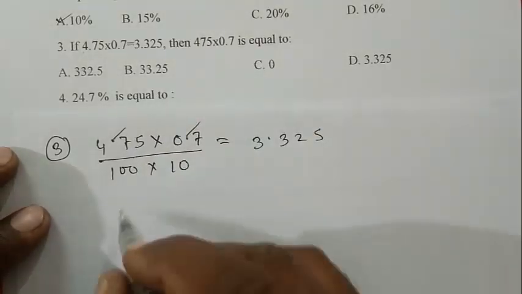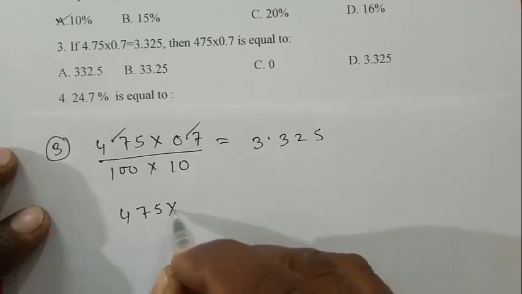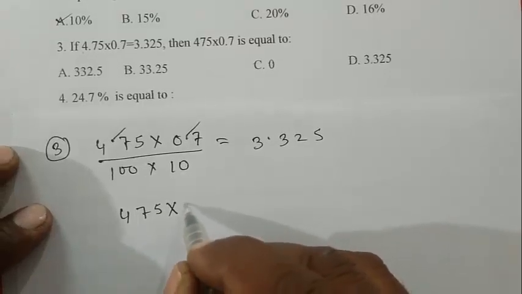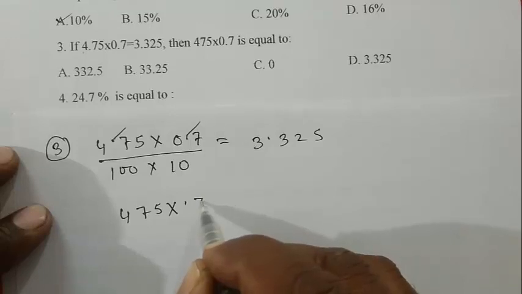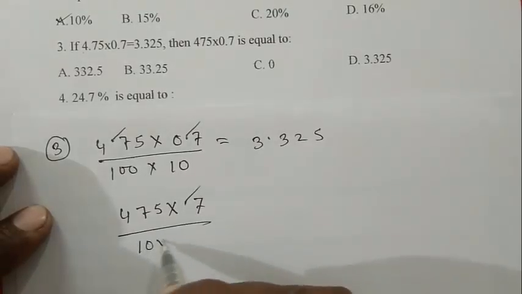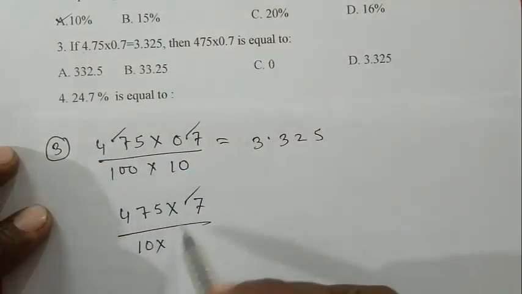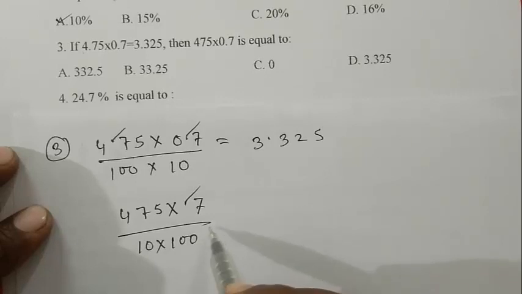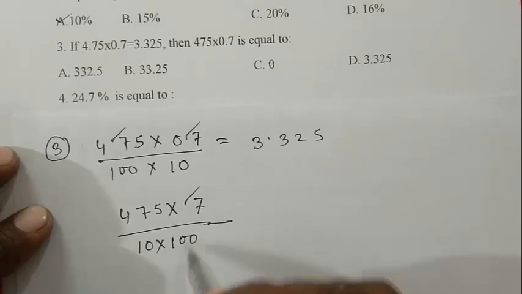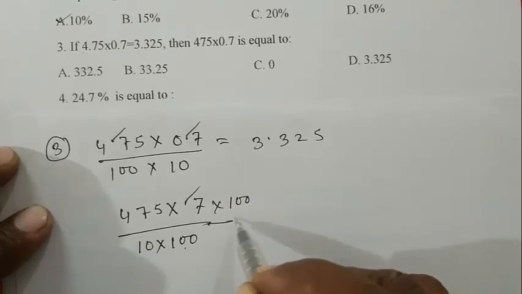Coming to the question figure, 475 into 0.7, eliminating the point, we get 10. We have to write this type, so we have to divide this number by 100, and if we divide the number by 100, we have to multiply by 100.